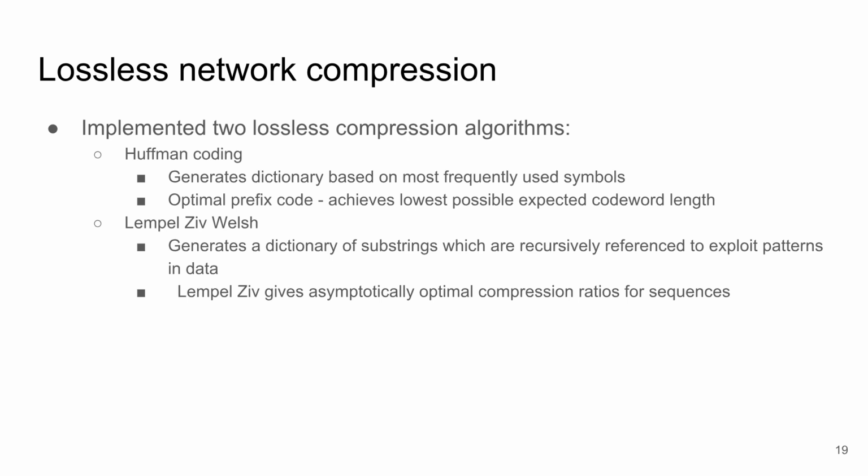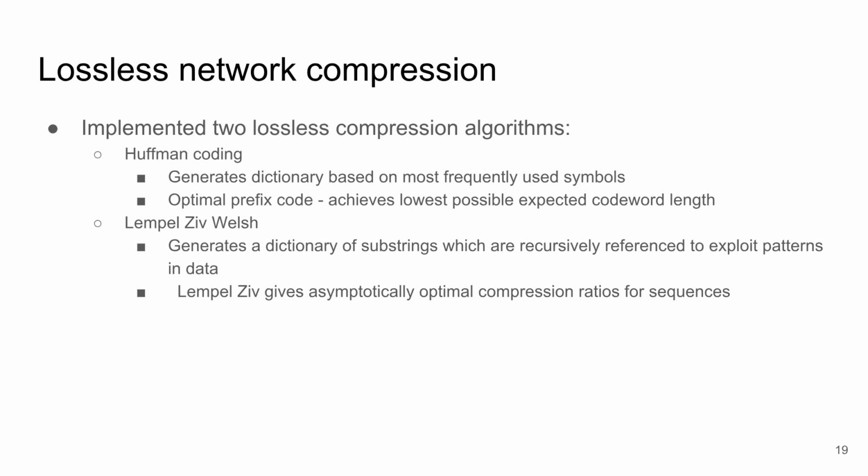And so the essential idea behind Huffman coding is to generate a dictionary and to give the shortest dictionary code words to the symbols that have the highest frequency.